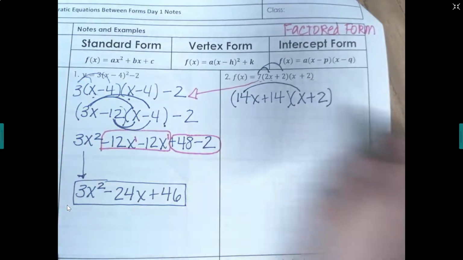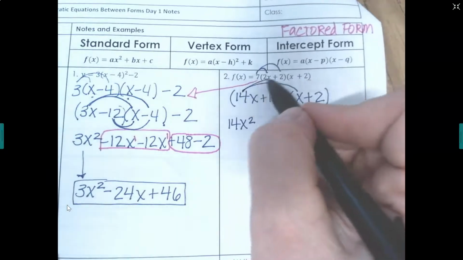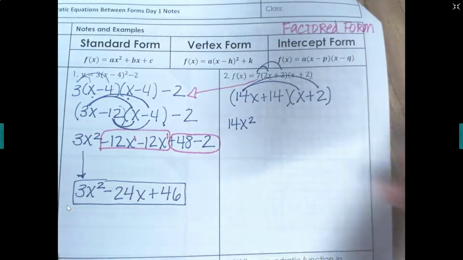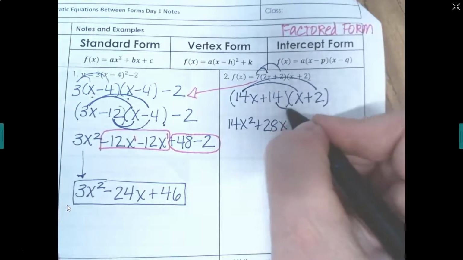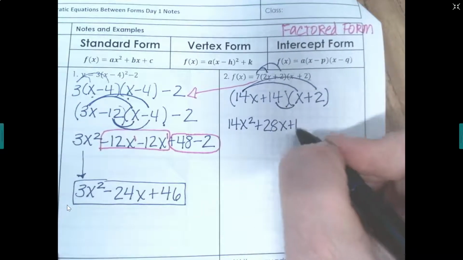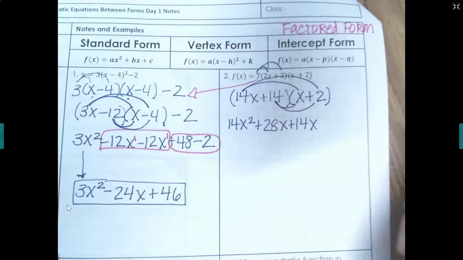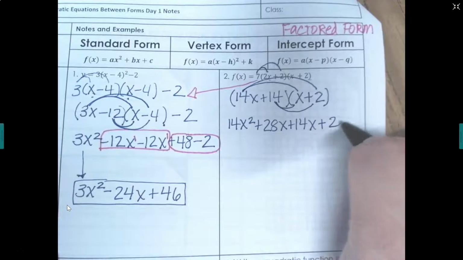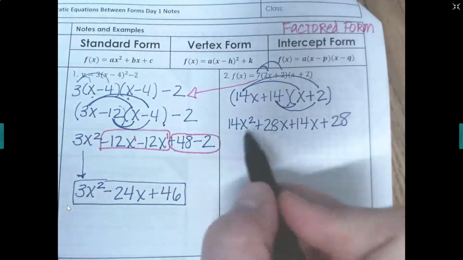We have 14x times x, or 14x squared. 14x times 2 gives you 28x. 14 times x gives you 14x, and 14 times positive 2 gives you positive 28. Now we're just combining like terms.